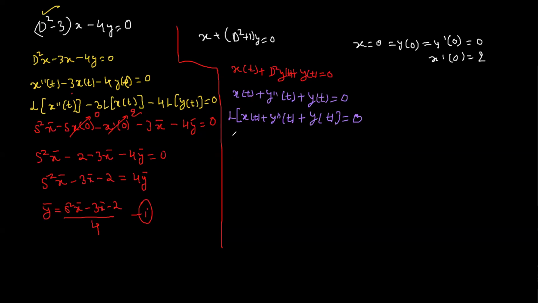What is the Laplace of x(t)? x bar. What is the Laplace of second derivative? s square y bar minus s y(0) plus y bar. Okay. y(0) is 0, y dash 0 is 0.